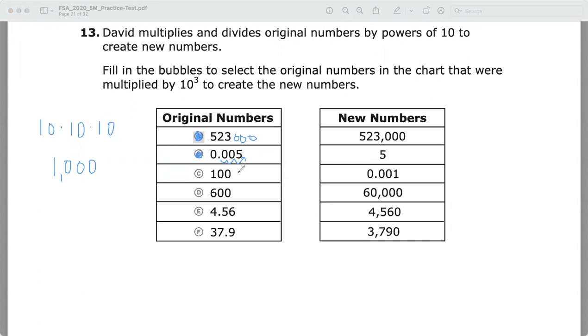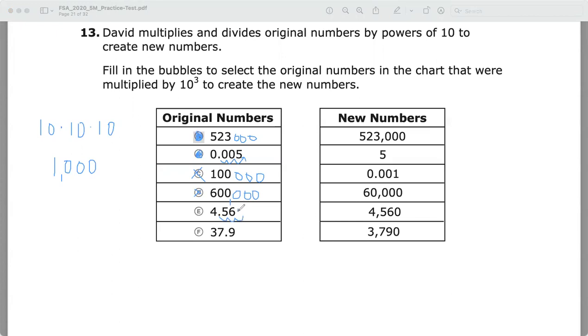So 100, if I add 3 zeros, does that equal the new number? No. What about 600? If I add 3 zeros, does that equal 60,000? No, it equals 600,000. Okay, so here I'm going to move my decimal point 3 spaces.